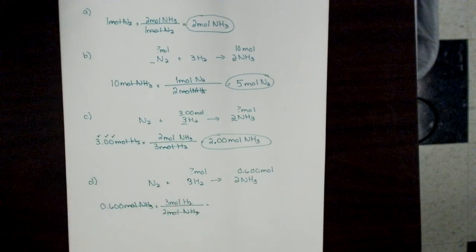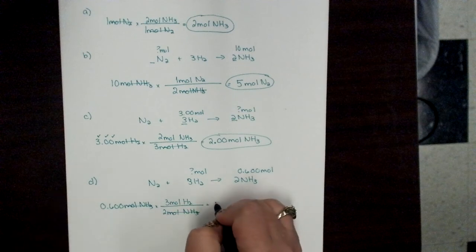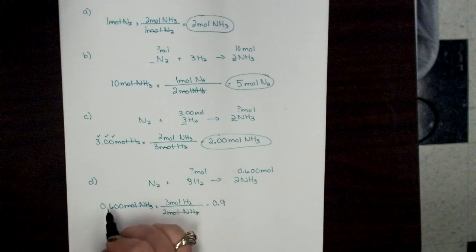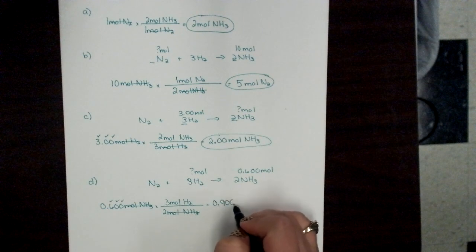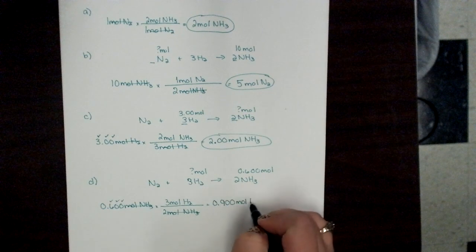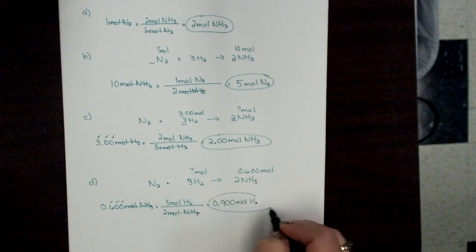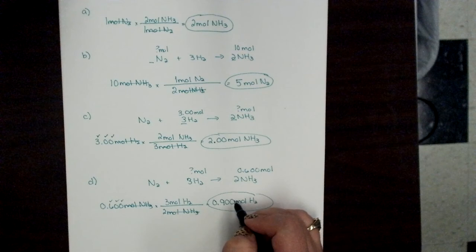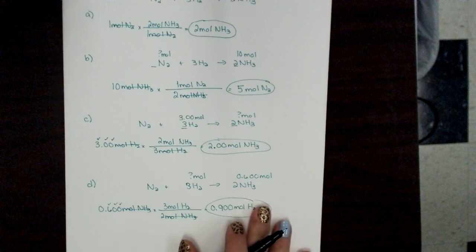So 0.6 times 3 divided by 2 is 0.9, and this is 1, 2, 3 significant figures. So I have to add those zeros, because remember, final 0 is significant, the 9 is significant, and this one's significant because it's sandwiched. Okay, so here are your answers for 4A through D.